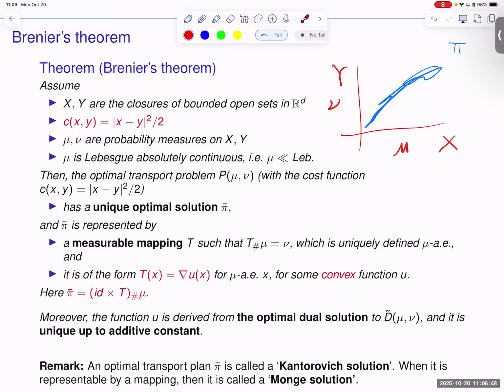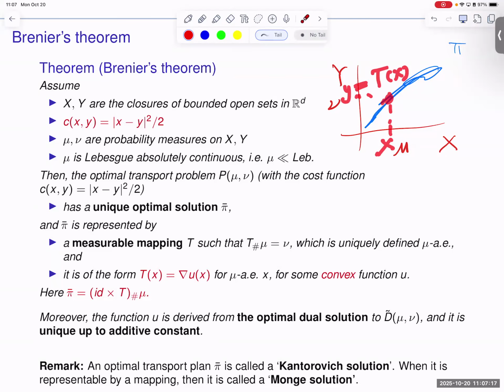But here this theorem says the transport plan is not just a measure on the product space, but you can represent it as a mapping. Namely, for mu almost every x, you can find the corresponding target point y as a mapping.